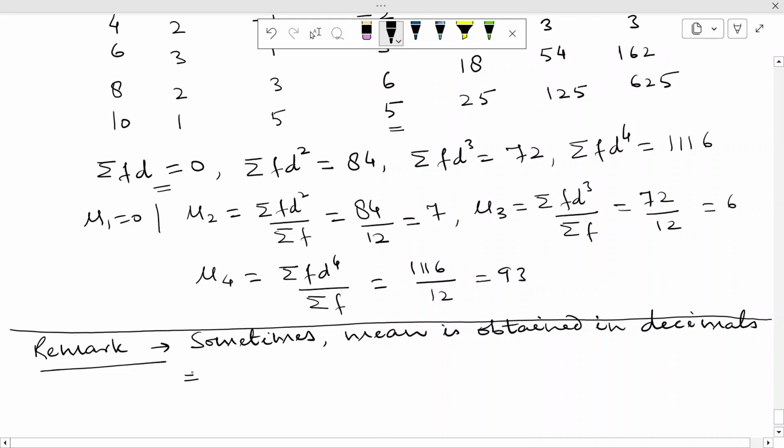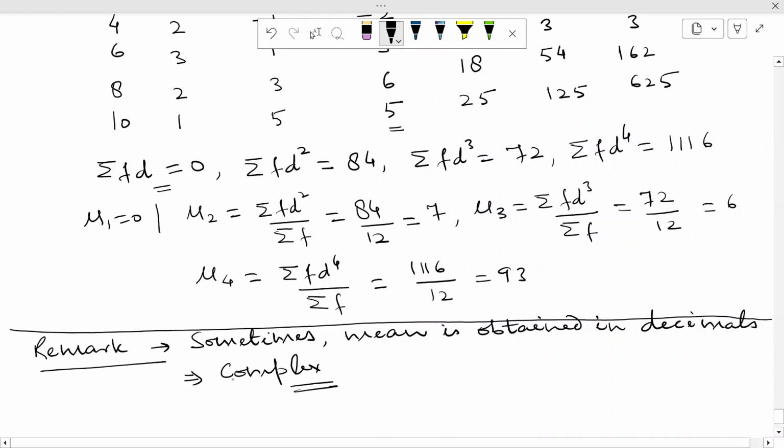So what is the problem with this? Because if you are taking the deviation from some quantity which is given in terms of decimals, your deviation is also coming out in decimals, and that makes this process complicated. So this is a complex calculation.